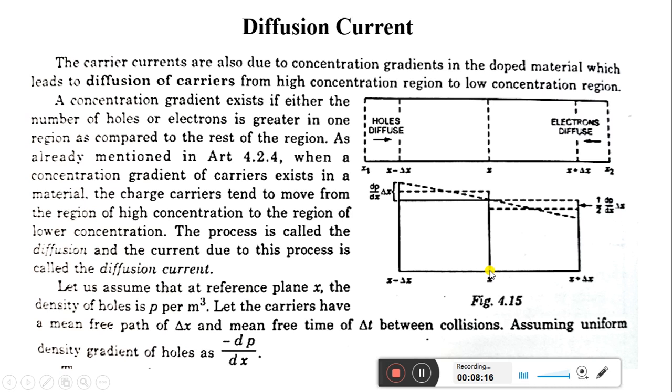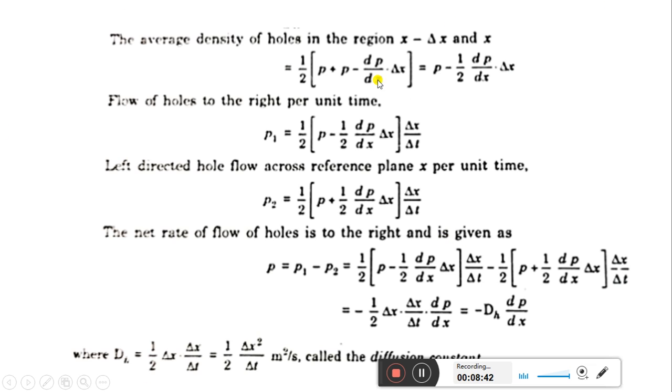If you want to take the average of this density between x and x minus delta x, then simply we'll add both densities, that is at x and at x minus delta x, and we'll take half of that. The same procedure is applied here. So what we have written is half of the density at x, which is p, plus the density at x minus delta x.